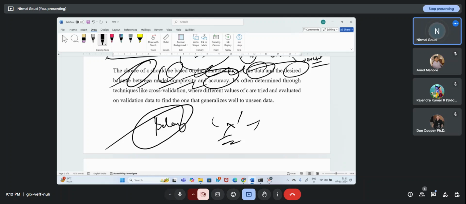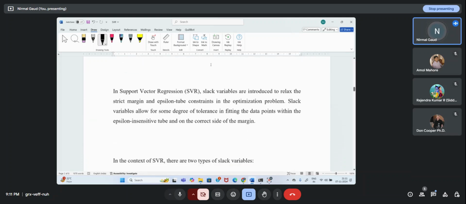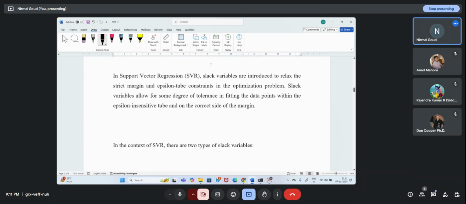Here also the approach is the same. The problem changed to regression, but the approach is SVM only. It is often determined through techniques like cross validation, where different values of epsilon are tried and evaluated on validation data to find the one that generalizes well over unseen data. Let's see what the things are going to be.